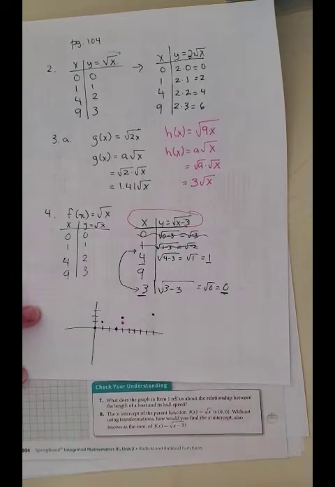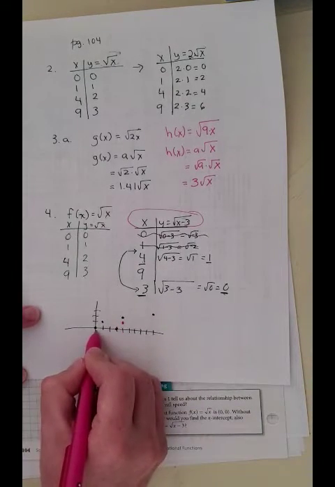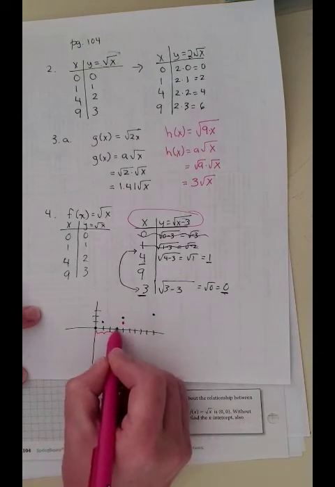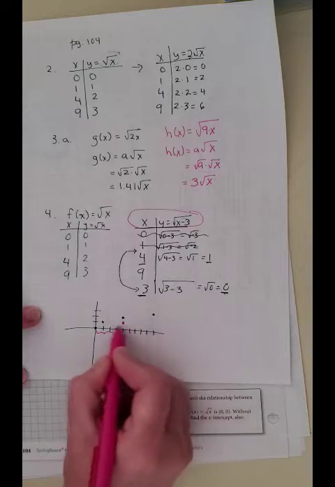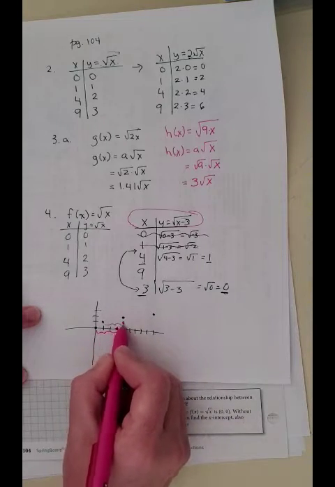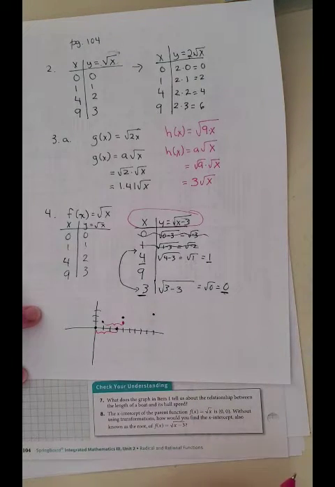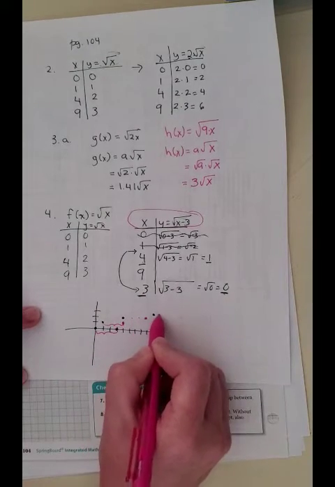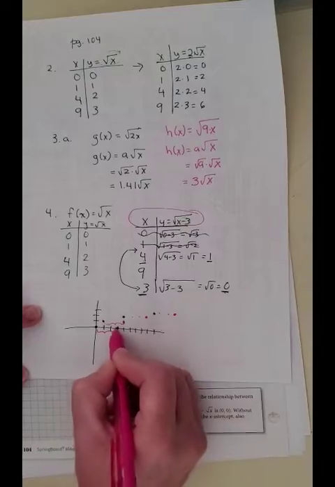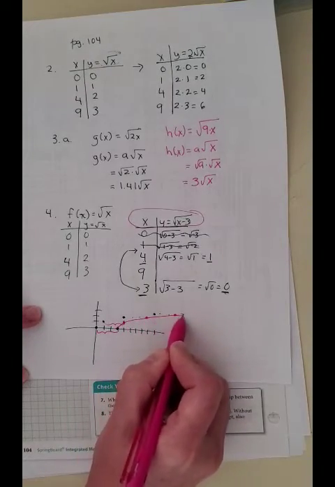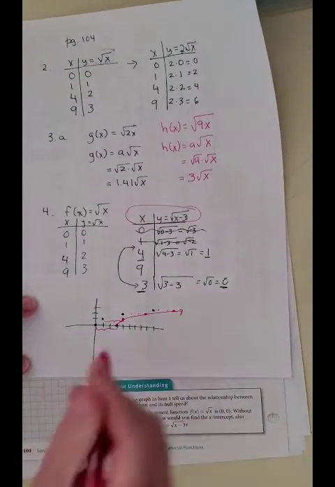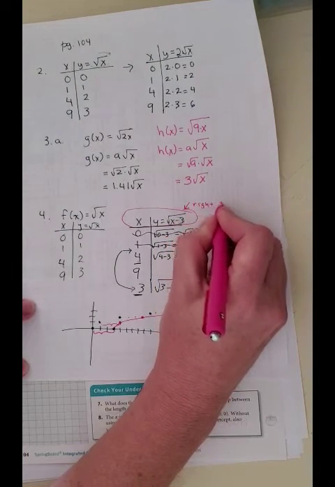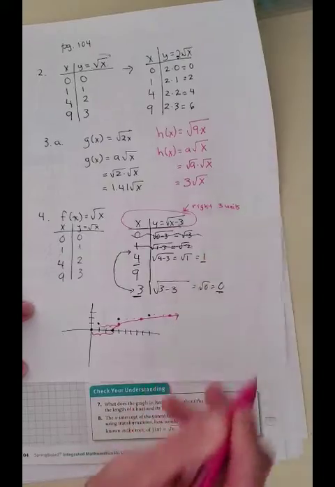Now, can you make a prediction based on the distance between the starting points of each of these graphs? Each of these points is moving to the left 3 units. Therefore, this point would move to the left 3 units, and this point would move to the left 3 units. And my new graph would be a shift to the right 3 units.